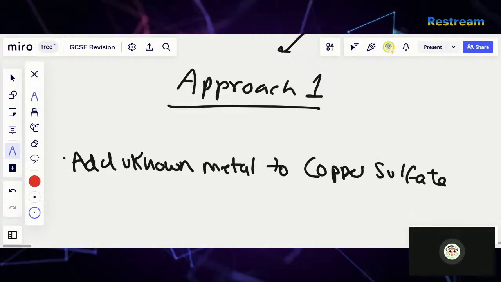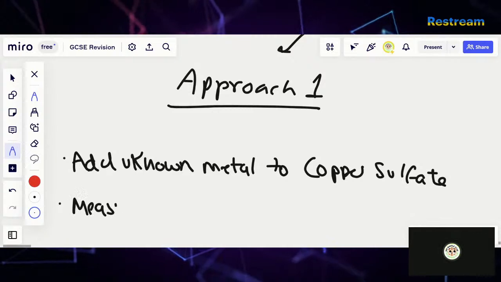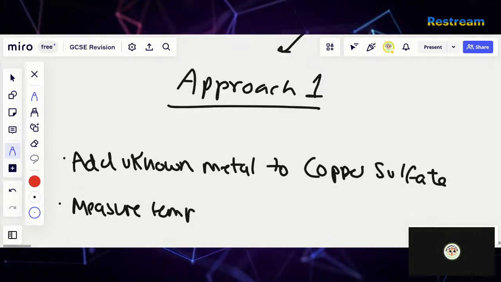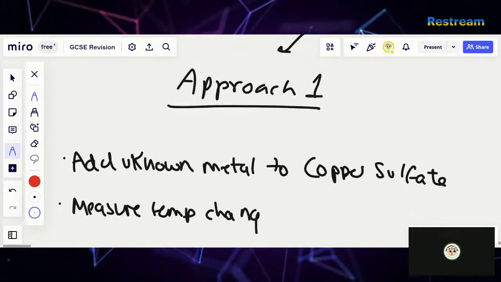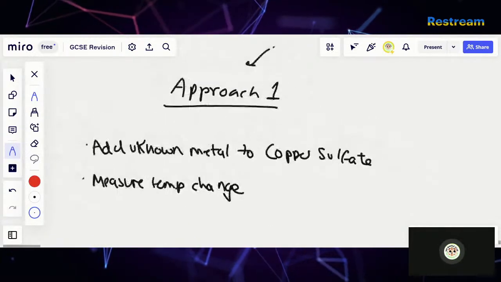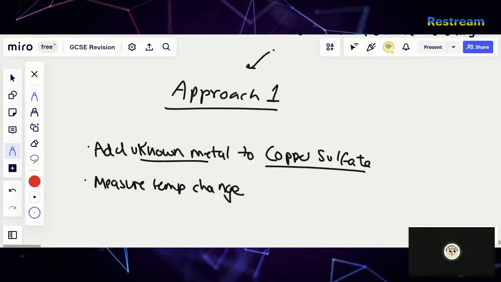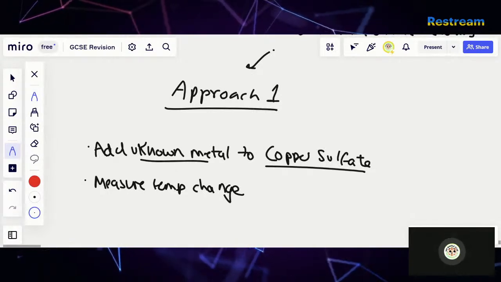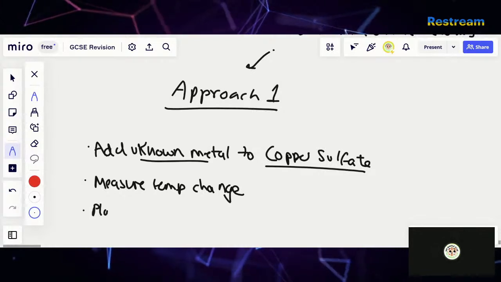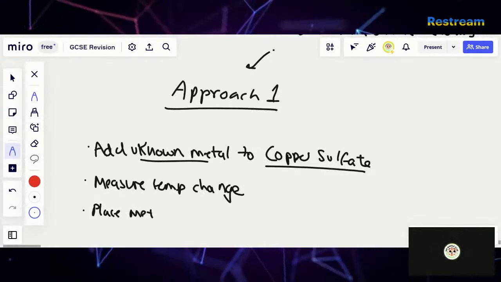And then measure the temperature change. So you're reacting the metal with the copper sulfate and you're measuring the temperature change. And then you're going to place the metals in order of temperature change.